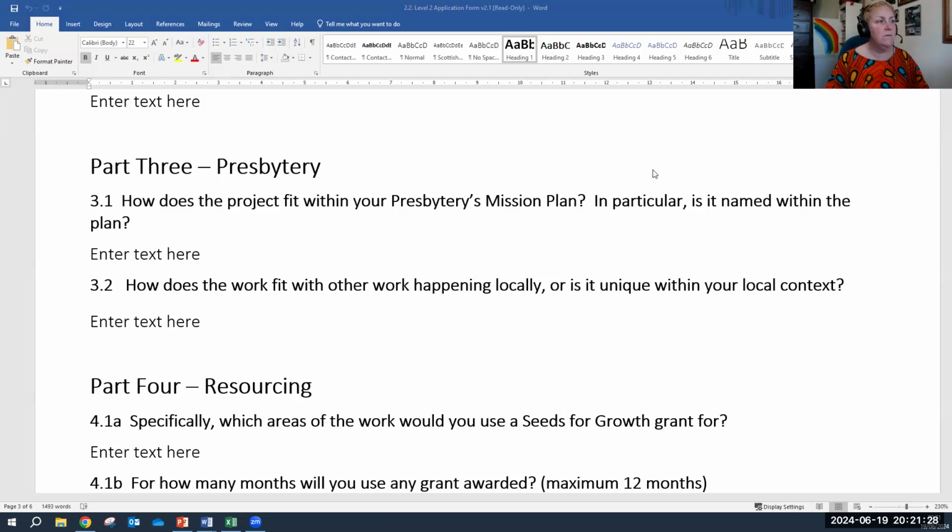3.2, how does your work fit with other work happening locally, or is it unique in your context? Obviously, I'm sure you can tell from that question that there's no right or wrong answer there, because both have pros and cons. Your project could be meeting a need and be entirely unique. You've discovered a need and you can meet it, in which case absolutely hurrah and wonderful.